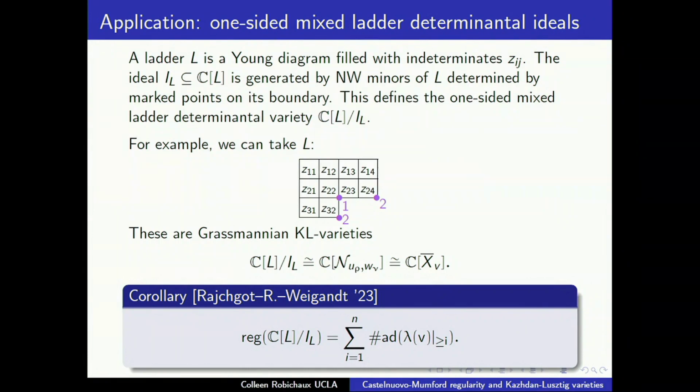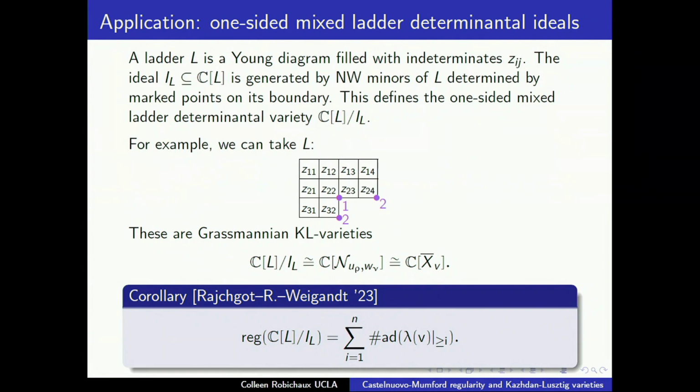How they are defined is we'll start with a Young diagram that we'll fill with indeterminates Z_ij. And along this boundary of the partition, I can mark some of these purple points here where I'll assign integer labels, that will tell me, if I'm looking at the submatrix whose lower right corner is given by that marked point, to take that size of minors for my defining ideal.